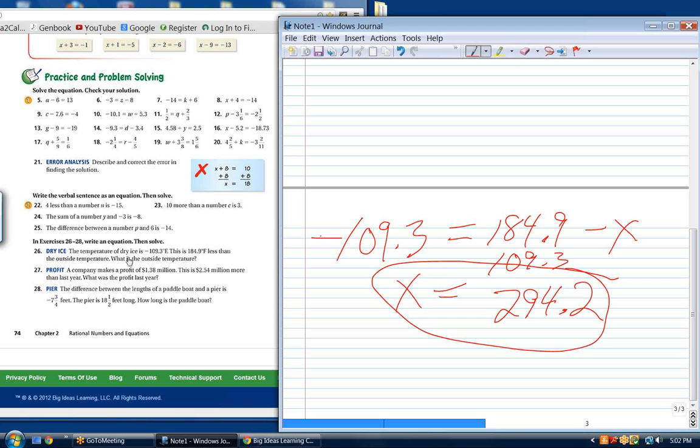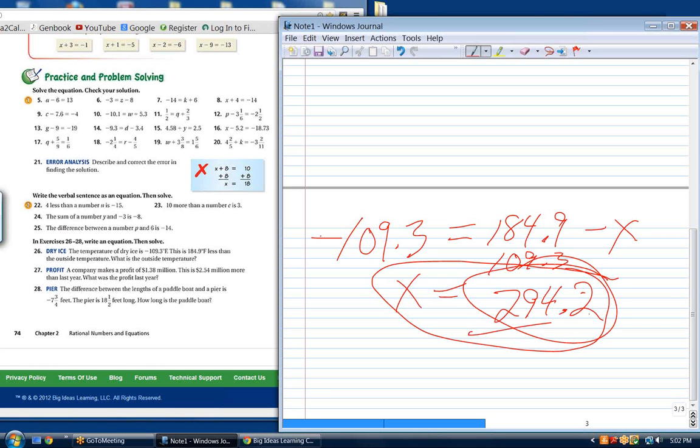Now, that would not agree with this statement. Yeah, you'd have to be on another planet. Well, that's one sign that you would be wrong, that the temperature would be beyond what our outside temperatures are. But another reason is that this makes the outside temperature 294 plus 109, about 400 degrees bigger than dry ice.